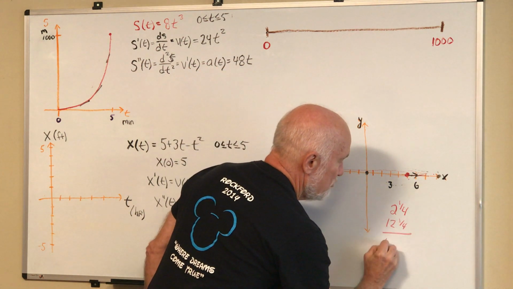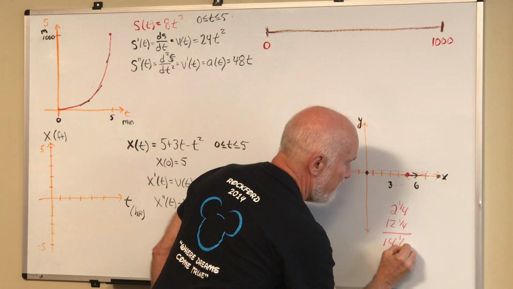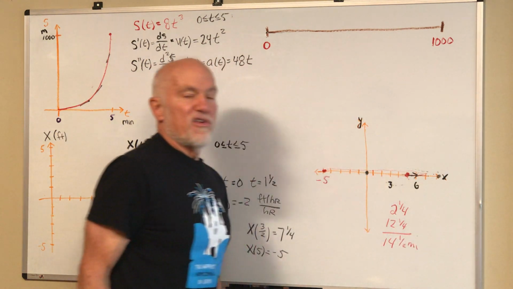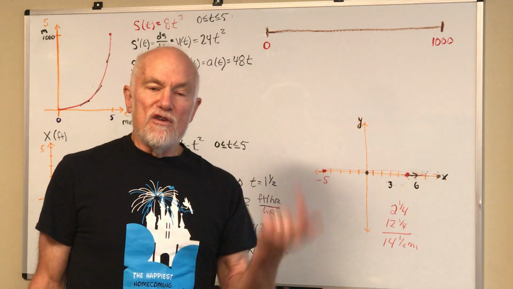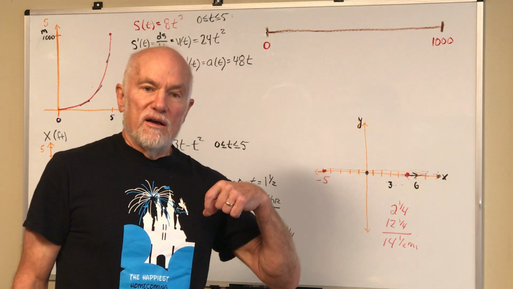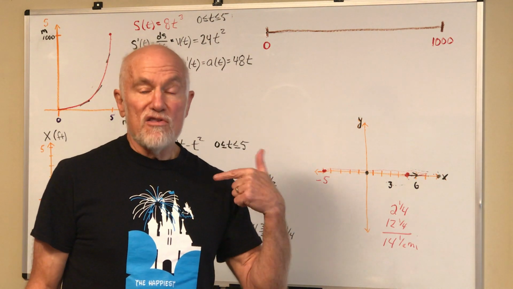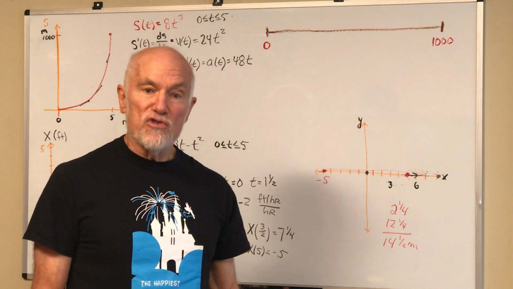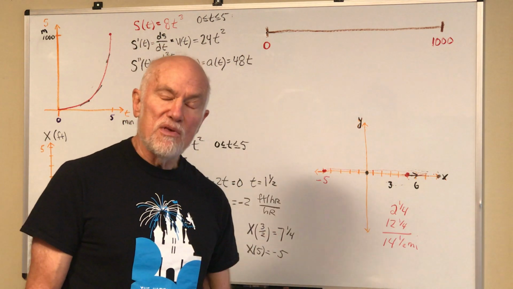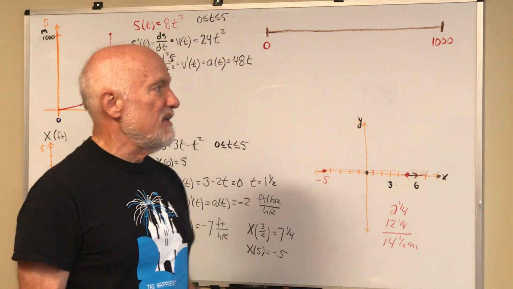So all total, it went 14.5 miles. So you have to be careful that you find out when the turtle or whatever it is that's moving, where it stops and maybe turns around. You can't just take the beginning position and the end position to get the distance.